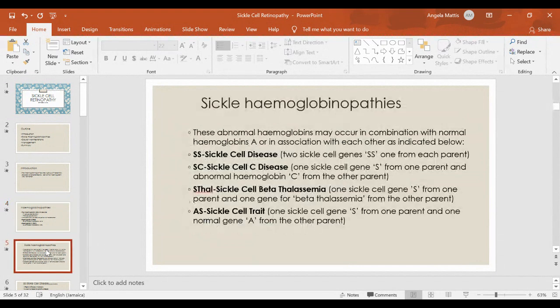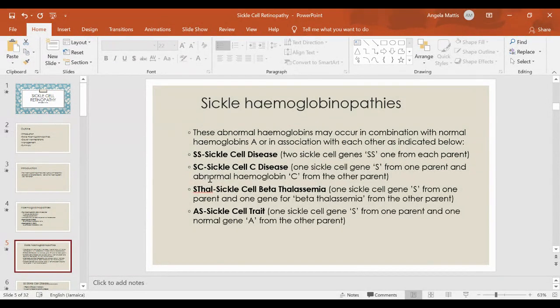Okay, so here we have our sickle hemoglobinopathies now. These are the abnormal hemoglobins, and they may occur in combination with normal hemoglobin A, or in association with each other, as I have outlined here. So we have SS, which is sickle cell disease. So there are 2 sickle cell genes, one from each parent.